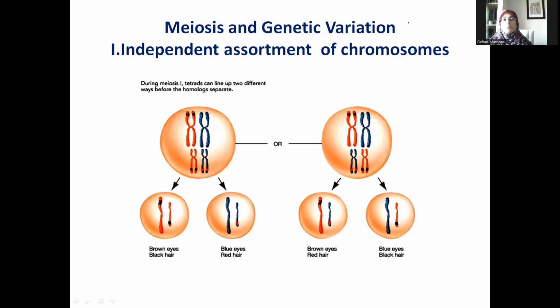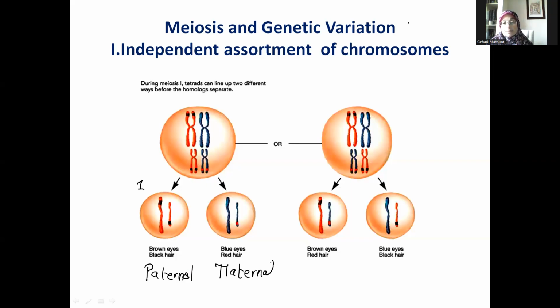Why? Let's look, for example, at this cell. Here we have 2 pairs of chromosomes, 4 chromosomes. They might be assorted like this. In such a case, when you get the daughter cells, one daughter cell will be fully paternal, for example, having brown eyes and black hair, and the other one will be fully maternal.